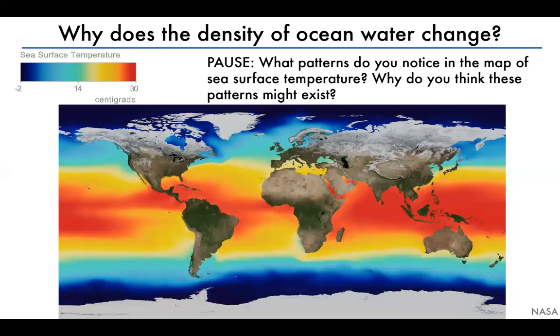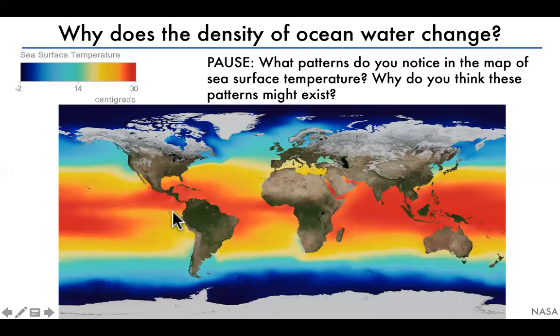Okay, so similarly to the density map, we can pick out some patterns. We can say, okay, well, up here in the northern and southern reaches, we have really cold temperatures, and those appear to be the coldest regions. Typically towards the equator, it tends to be a little warmer, although again, you'll notice that it's not uniform across latitude.